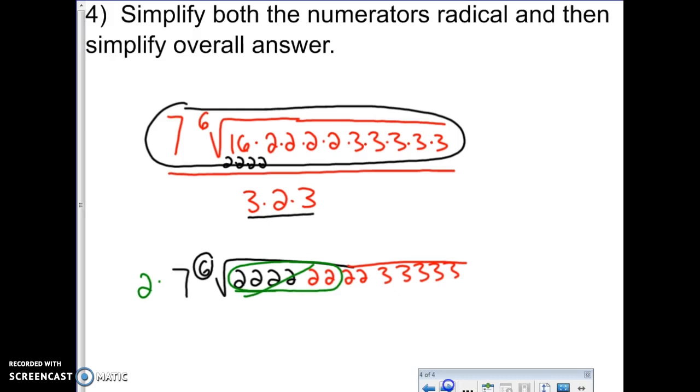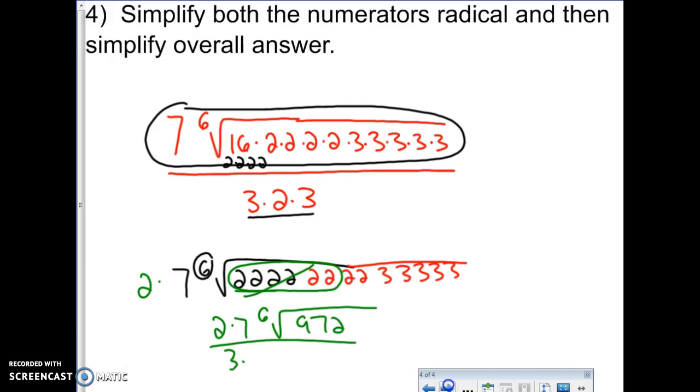No. So right now, it looks like I have 2 times 7 times the 6th root of 2 times 2 times 3 times 3 times 3 times 3. If I multiply all those together, well, let's see. I got 2 times 2 times 3 times 3, and then I have 3 more 3's. I get 972 underneath my radical sign.